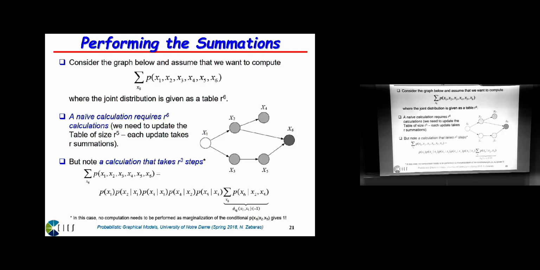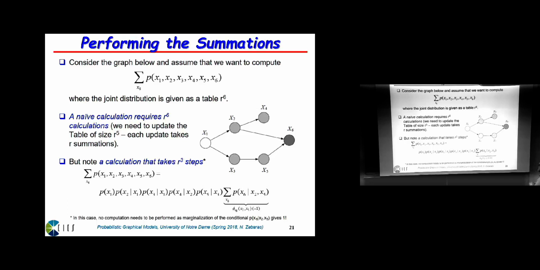So if you do this in a naive way, the summation will be r operations for each of the r values of this and this and this and this. So it will be a total basically of r to the 6 operations.